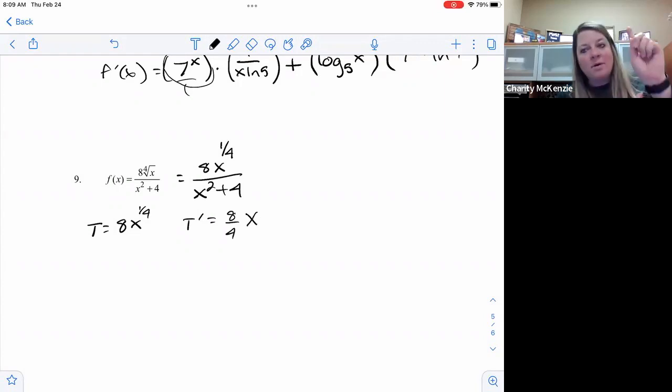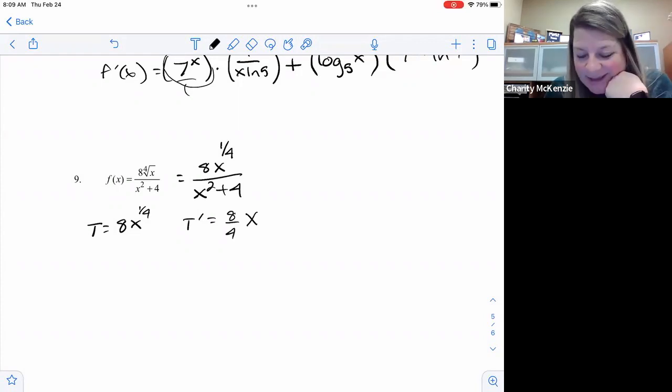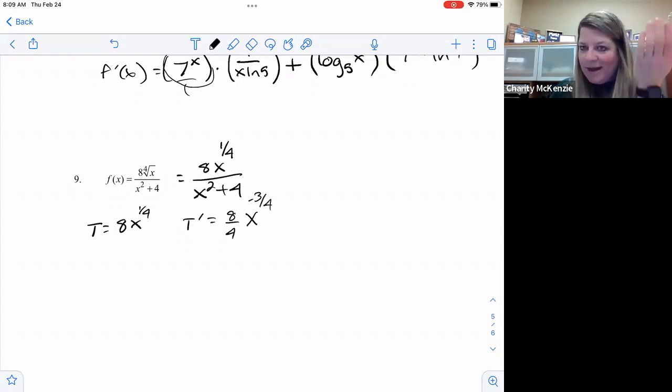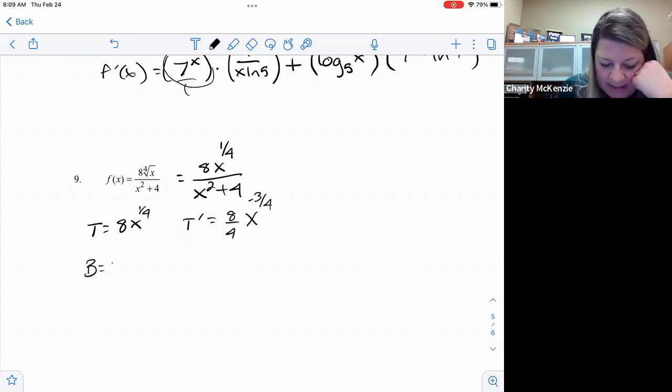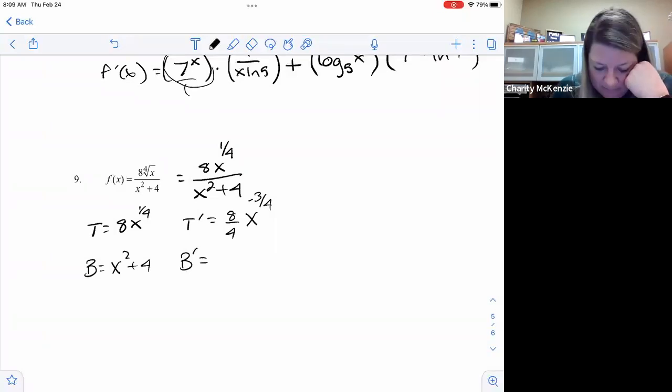And then 1/4 minus 1 is -3/4. So I think 4 make a whole, so I'm minusing 1, I got 3 left. However you can get that. So bottom is x squared plus 4. So the bottom's derivative is 2x.